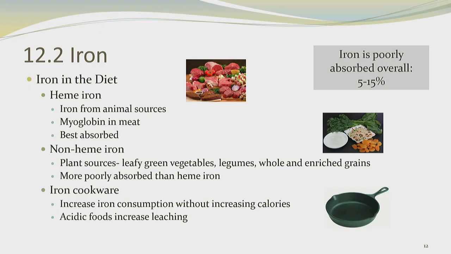Typically, because it's a low resource setting and they don't consume a lot of animal source protein, the expectation was that they would be iron deficient. However, after the survey, when blood was taken and hemoglobin measured, it was found that they had really good iron status.